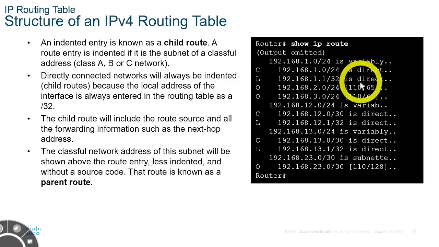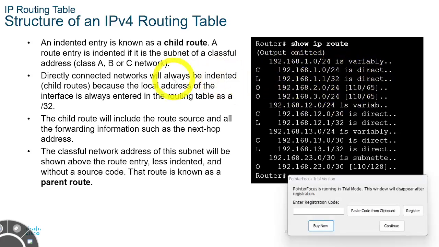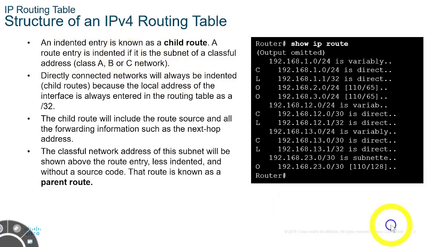Directly connected, okay. And a route entry is indented if it's a subset of a classful address. So this is a classful address. You see /24, right? It means that it's not /18 or /20, it's /24.